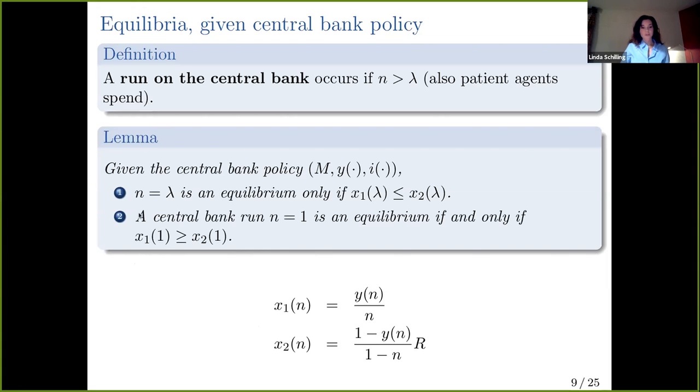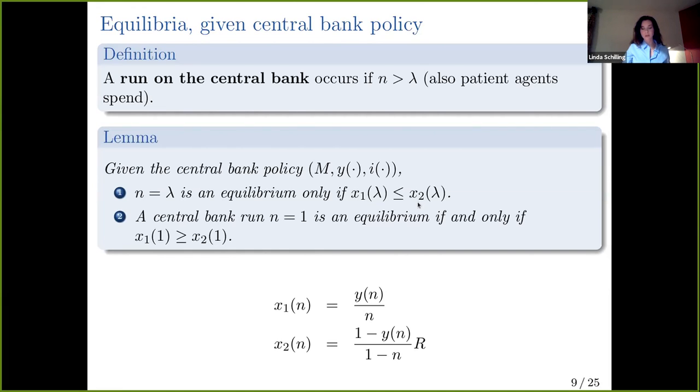So for finding that out, we simply look at the incentives of patient agents. An equilibrium where only impatient types are spending requires that, conditional on only impatient types spending, the real allocation at time 1 has to be lower than the real allocation at time 2.